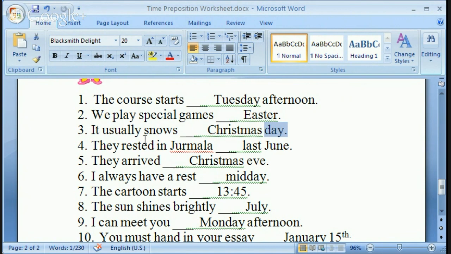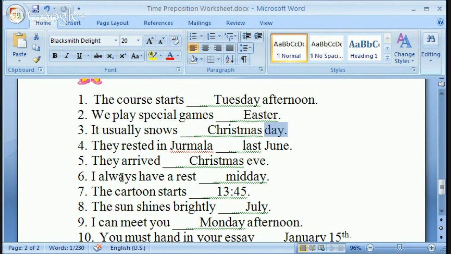Remember, I don't know if you can remember it this way. At for time. At Christmas time, for example, and we use at for times, 3:45, at 3:45. For days, we always use on. So on Christmas Day, on Tuesday, on day, at time.